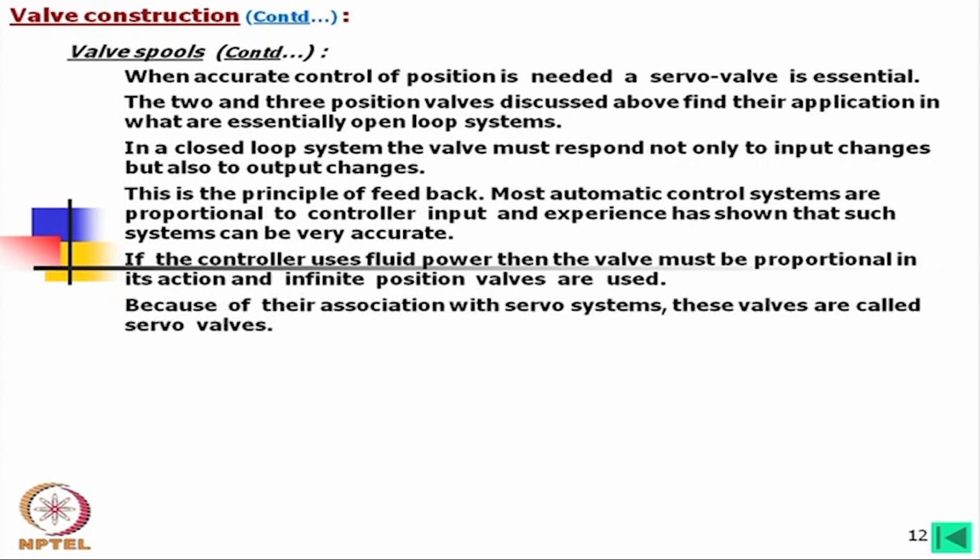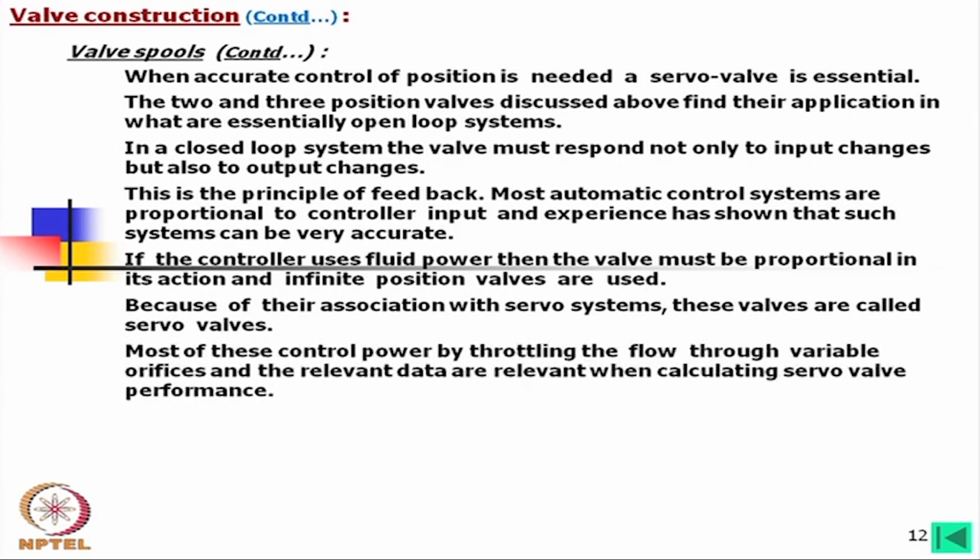Because of their association with servo systems, these valves are called servo valves, and most of these control power by throttling the flow through variable orifices, and the relevant data are relevant when calculating servo valve performance.